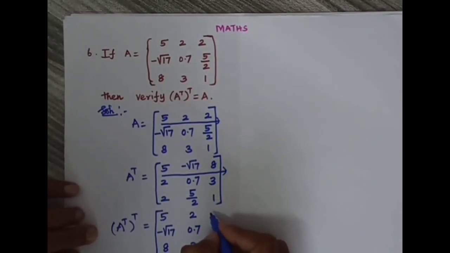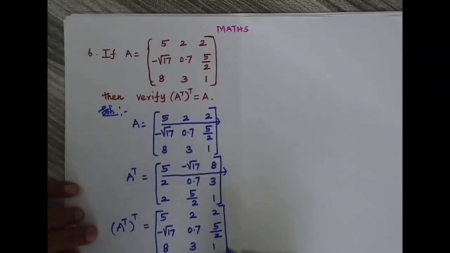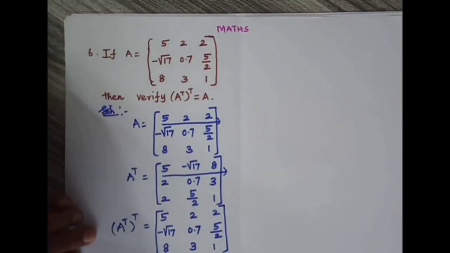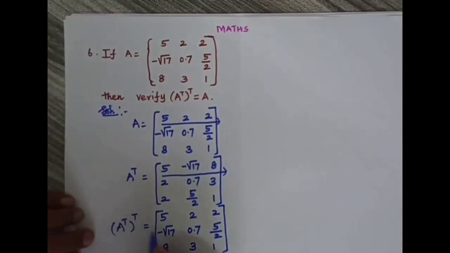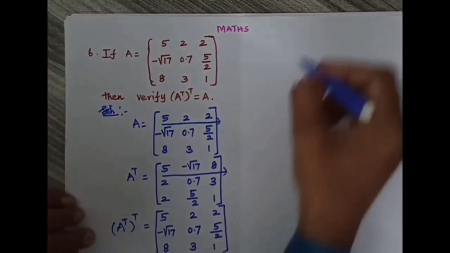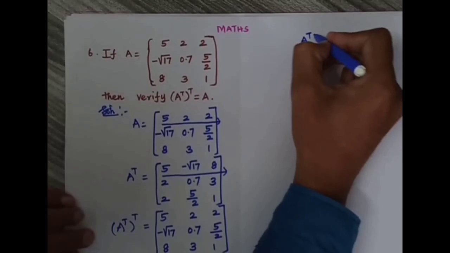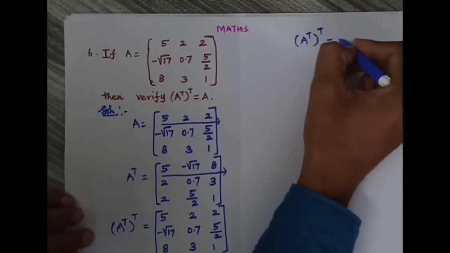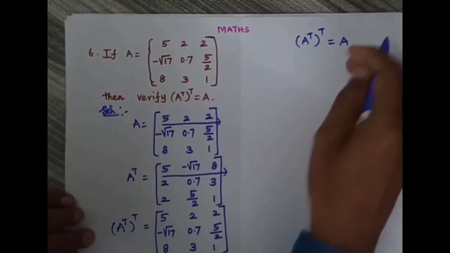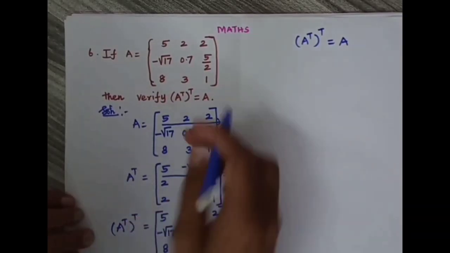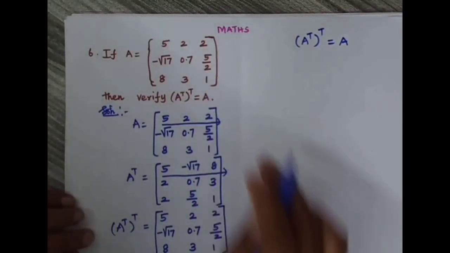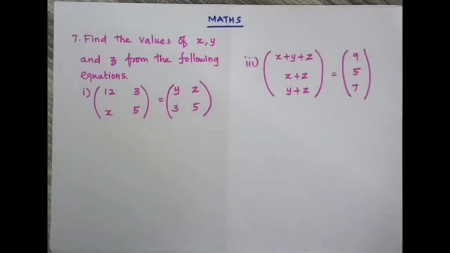Then third row becomes third column: 2, 5 by 2, 1. So here A transpose whole transpose is equal to A, because all the elements are equal to A. We'll go to the next problem.